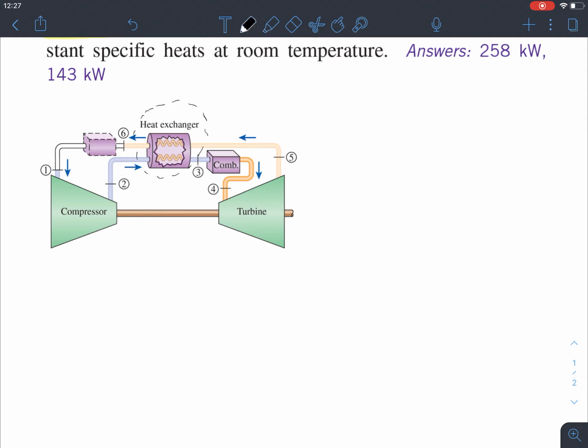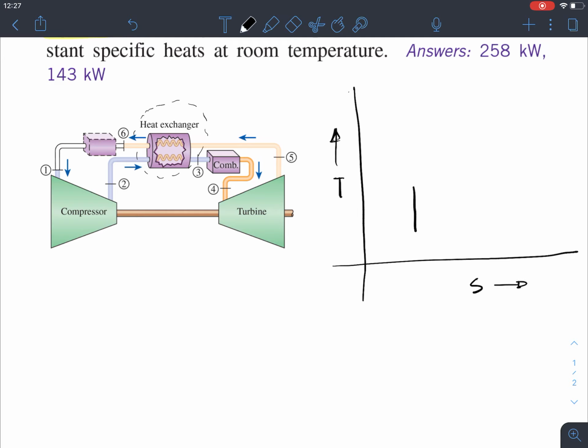The TS diagram of this modified Brayton cycle, or gas turbine cycle, will look like this. 1 to 2 is the compressor, and then in 2 to 3, heat is added to the working fluid. Then 3 to 4, it experiences the maximum temperature.